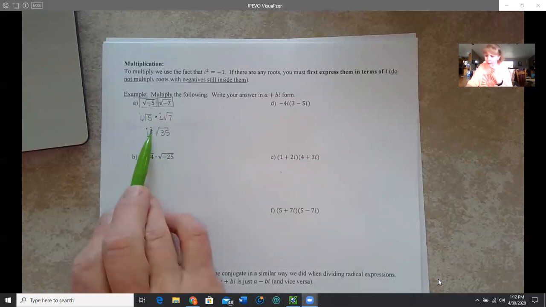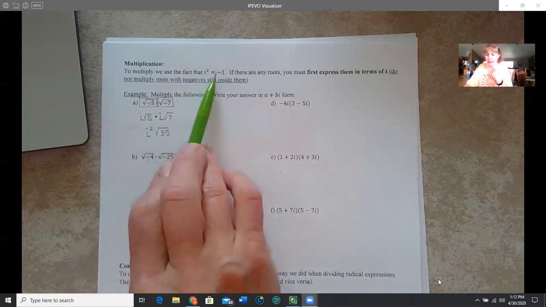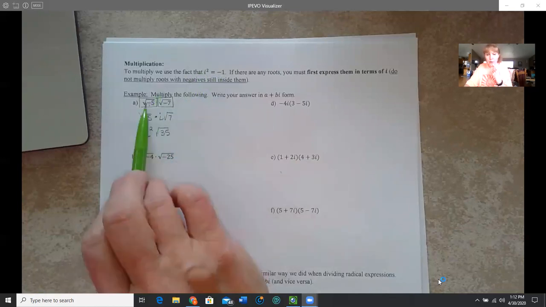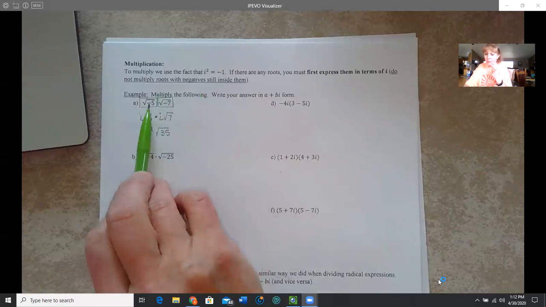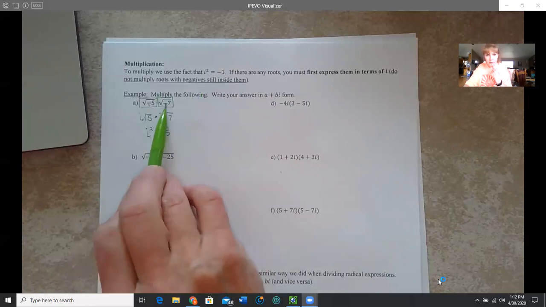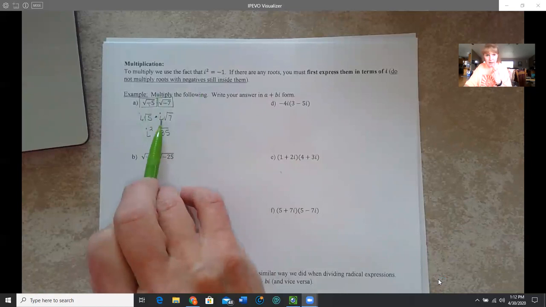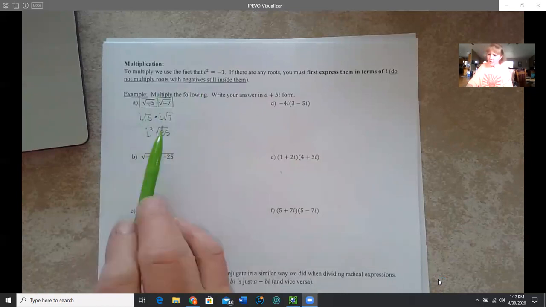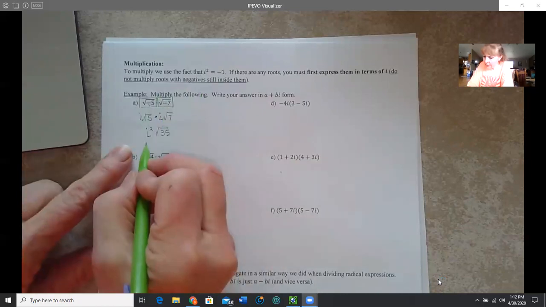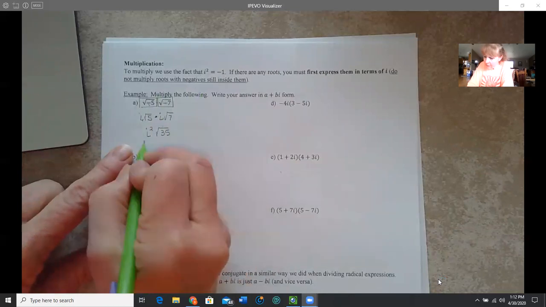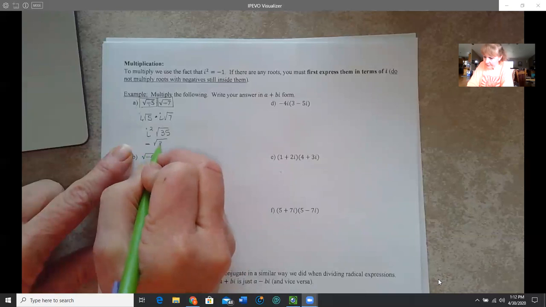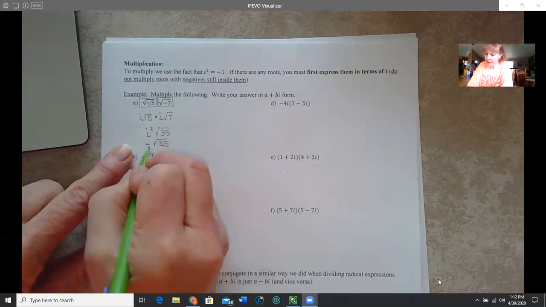Well, we know that i squared is a -1, because we use the i squared as a -1 to pull it out. And so here, we're going to substitute it back. So this is equal to a negative... i squared is a -1.